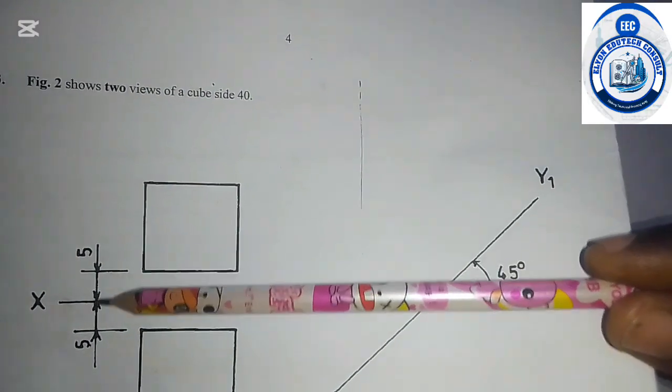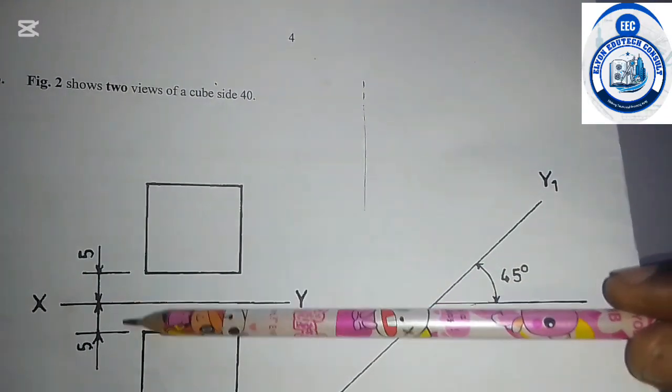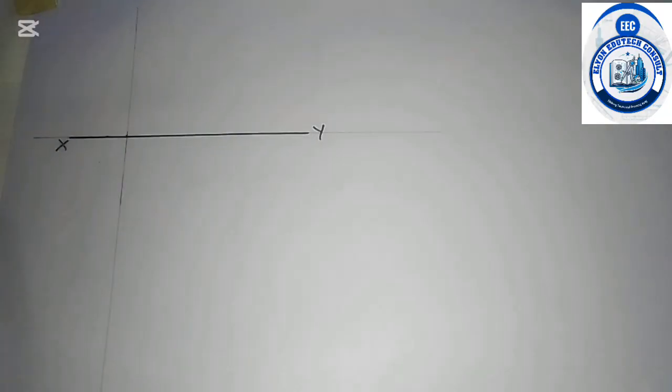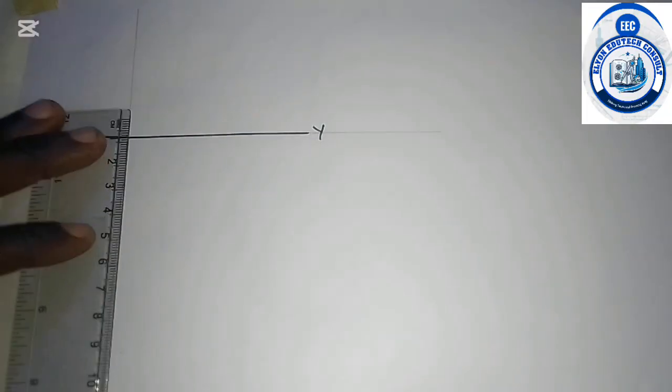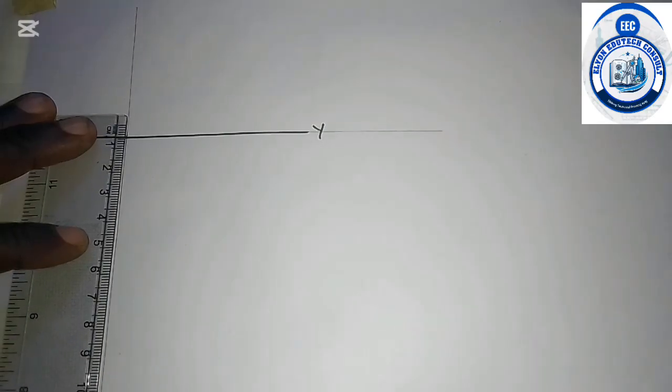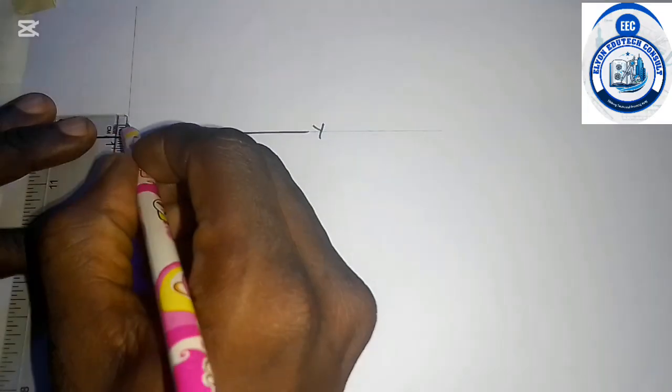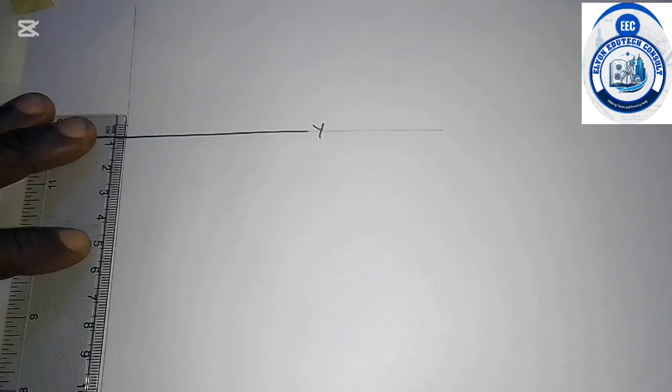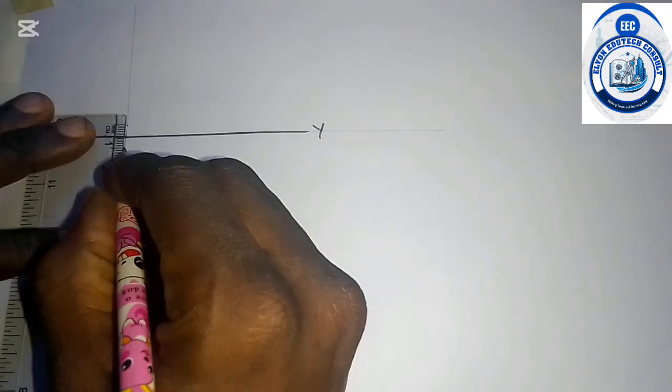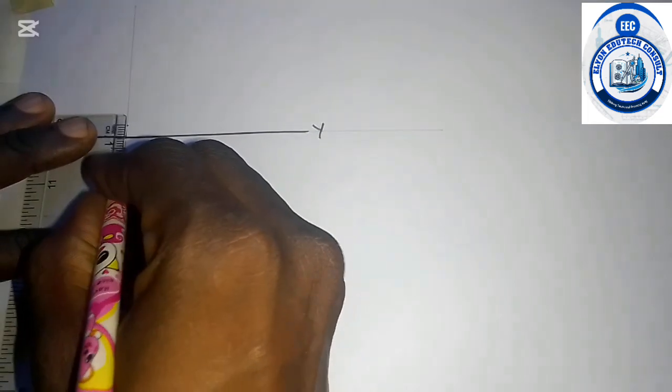This part is 5 both for the top and the bottom there. So I will just pick it this way, 5, that's 0.5 centimeter, for both the top here and for the bottom this way.